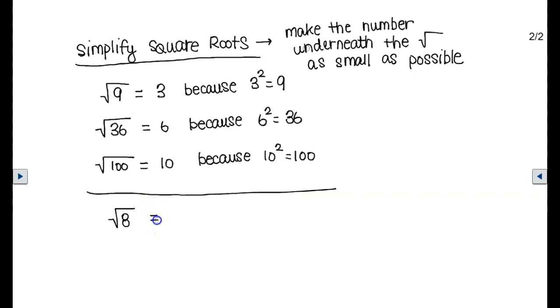Now here's how we're going to do that. We are going to simplify the square root of 8 by factoring it. So here's what we're going to do.